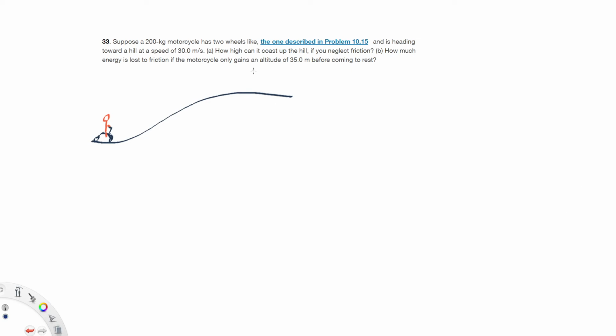And we have at least some way up the hill, and I'm not going to draw that motorcycle again. That's exhausted my artistic abilities, so I'm just going to draw a box. So here we have situation A and situation B.